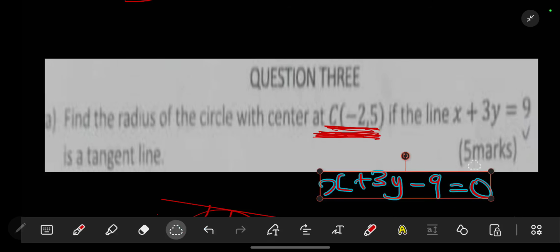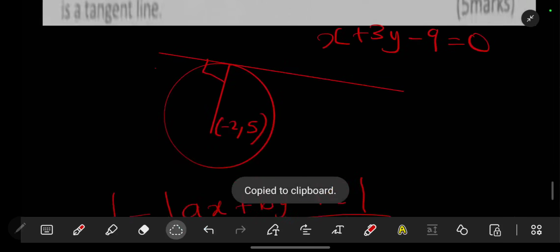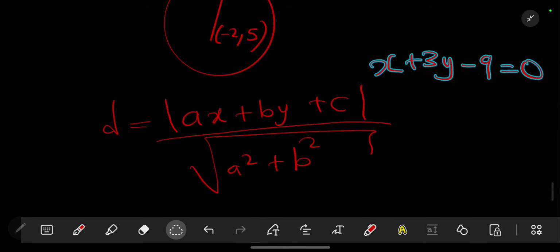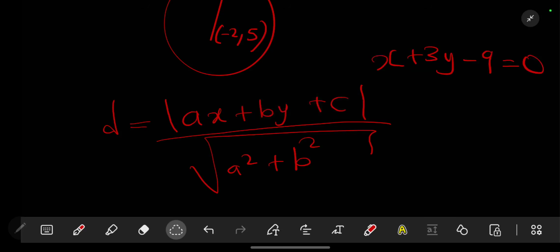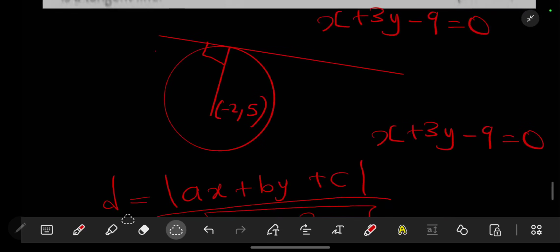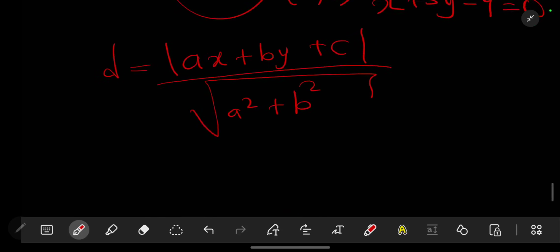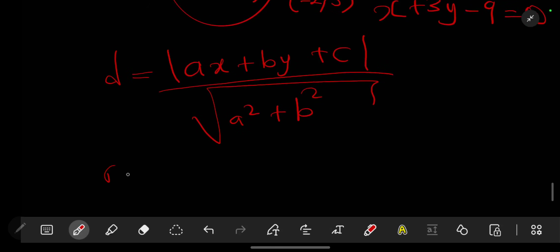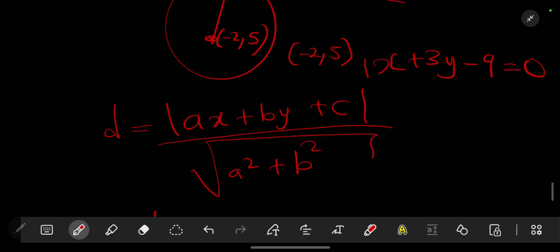So this is where you apply the equation of the perpendicular line. Then it passes at the point, or rather this is beginning at negative 2, 5. So this distance now is the radius. So we are going to say the radius will be equal to, what's our a? The coefficient of a here is 1.